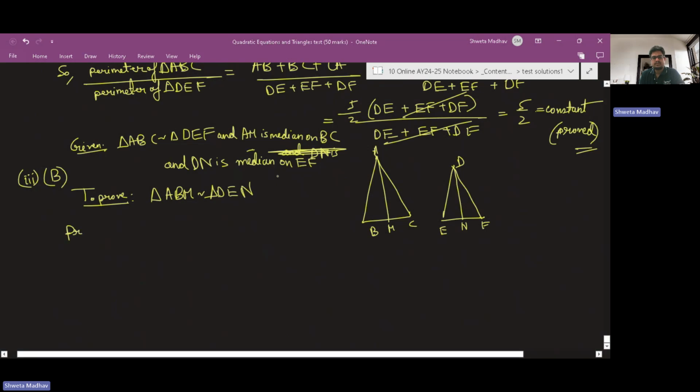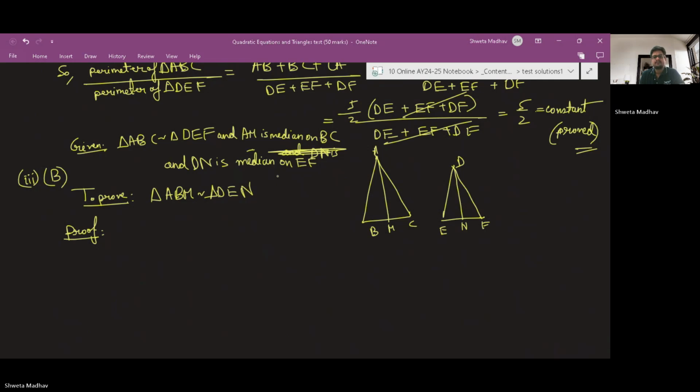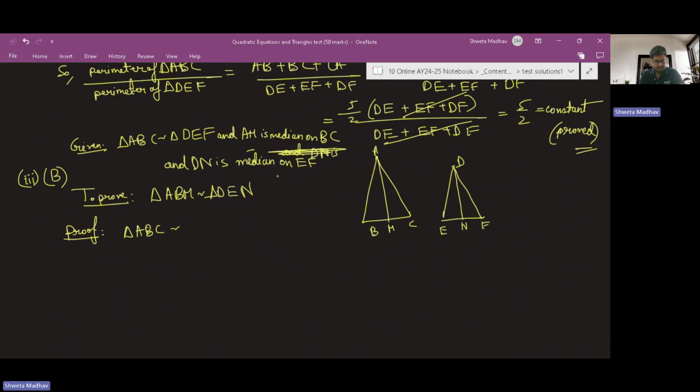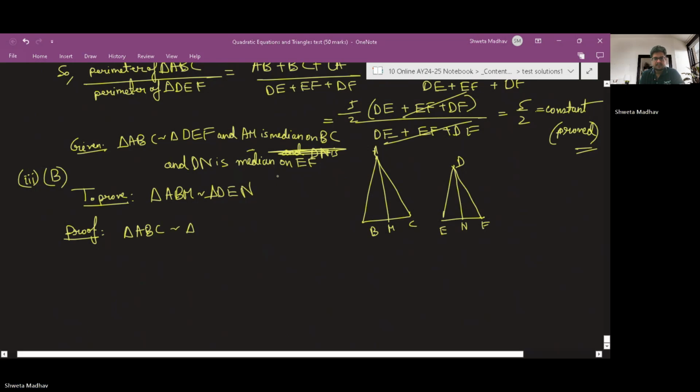So the proof will be given as: triangle ABC is similar to triangle DEF, which is given.